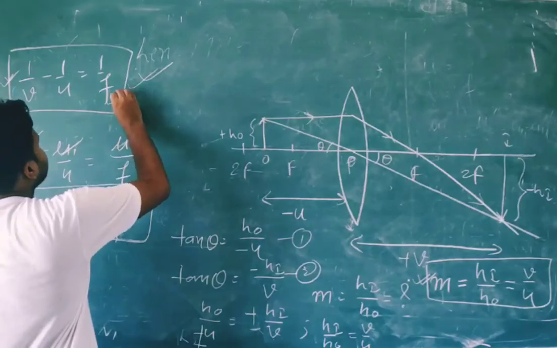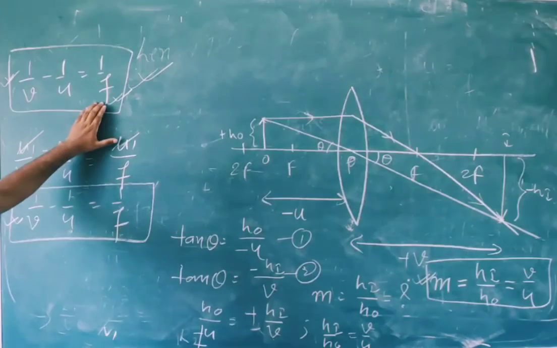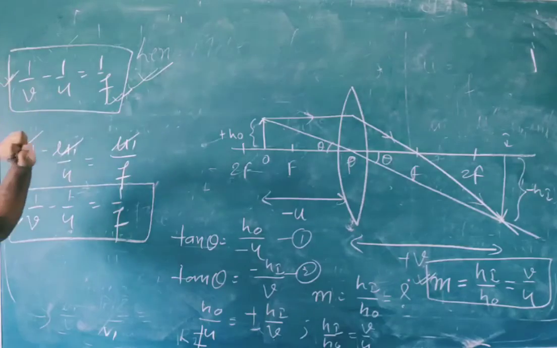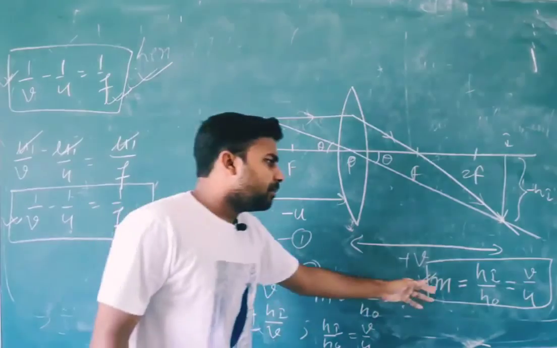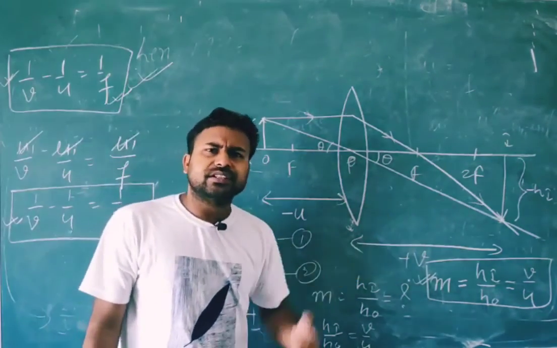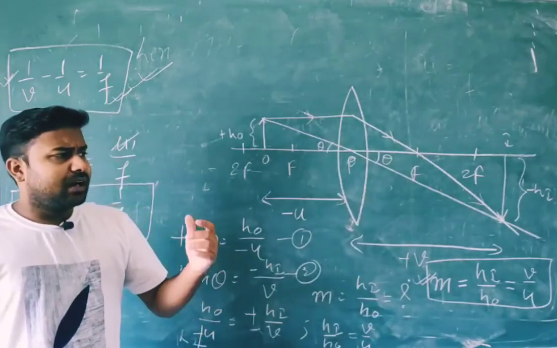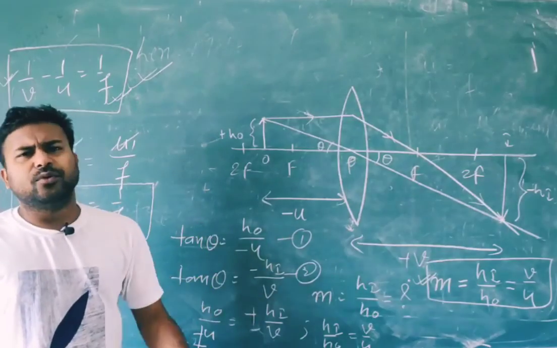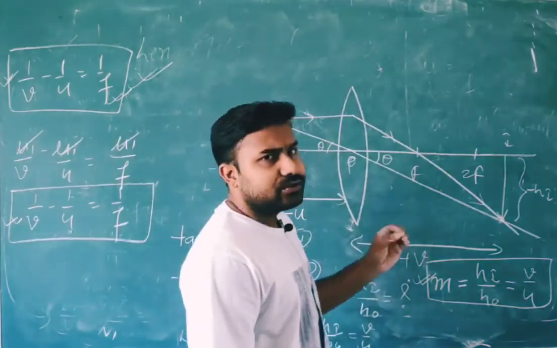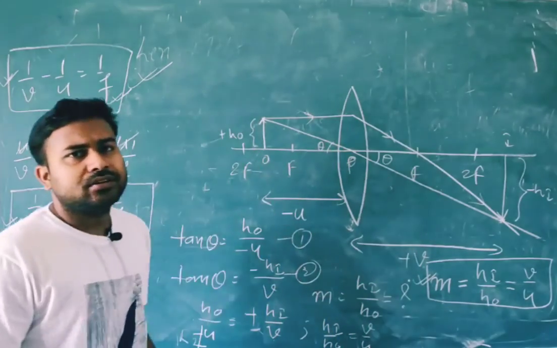Using the lens maker formula, you have to find the focal length of that lens, then either v or u they will give you. Okay, and they can ask the magnification and anything, the distance between object and image, the distance between object and pole, anything they can ask. So you will get a hybrid question. There you have to use these 2-3 formulas.